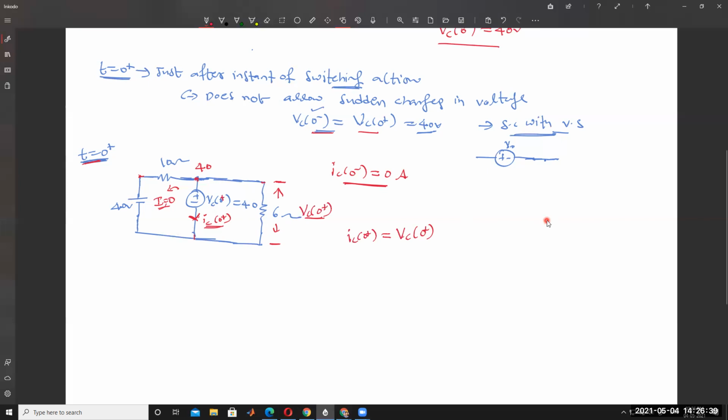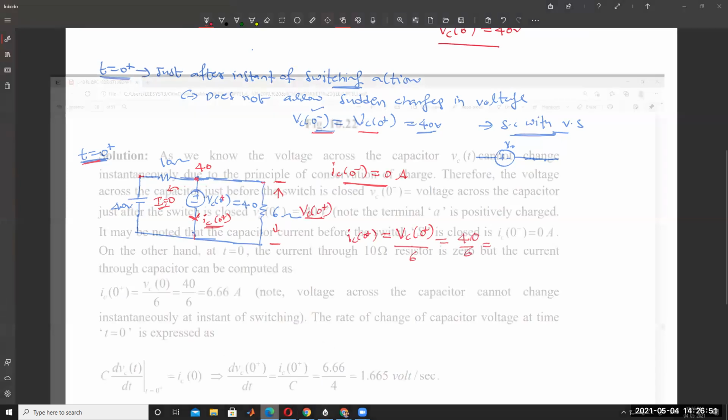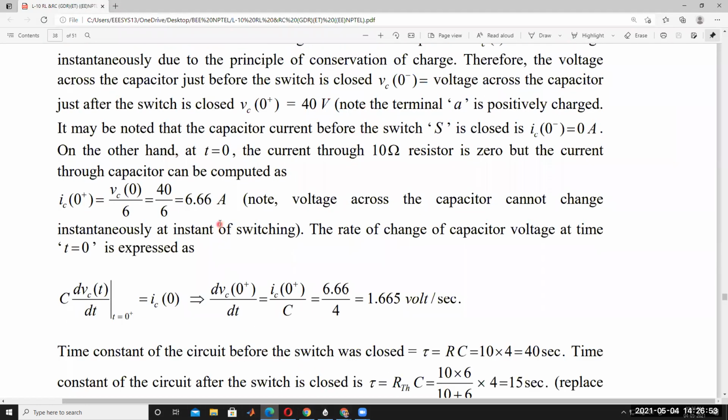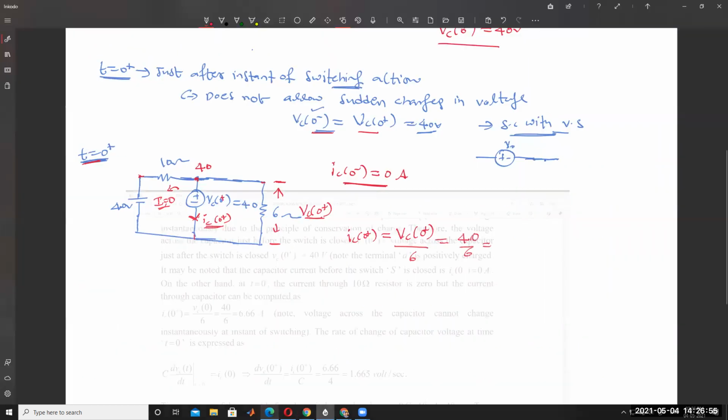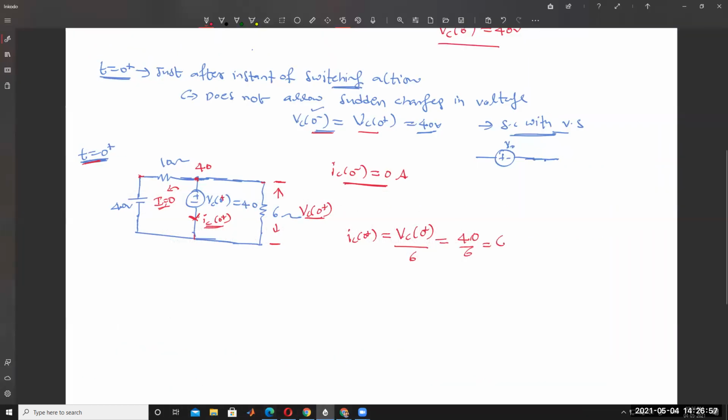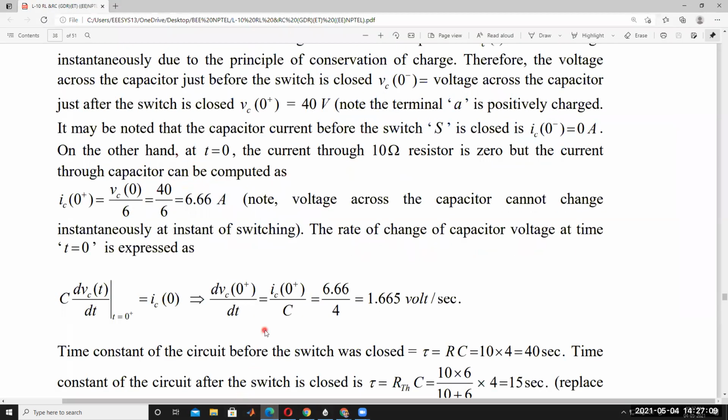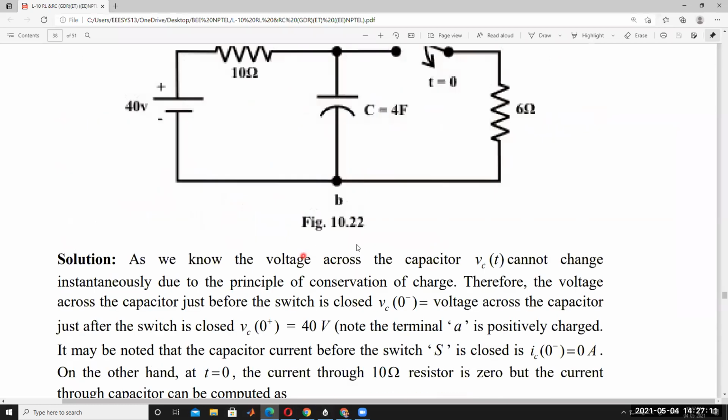That's why I is equal to V by R, so 40 by 6, which is 6.66 amps. The current flowing into the capacitor after switching action, IC of 0 plus, is 6.66 amps. Is it clear?